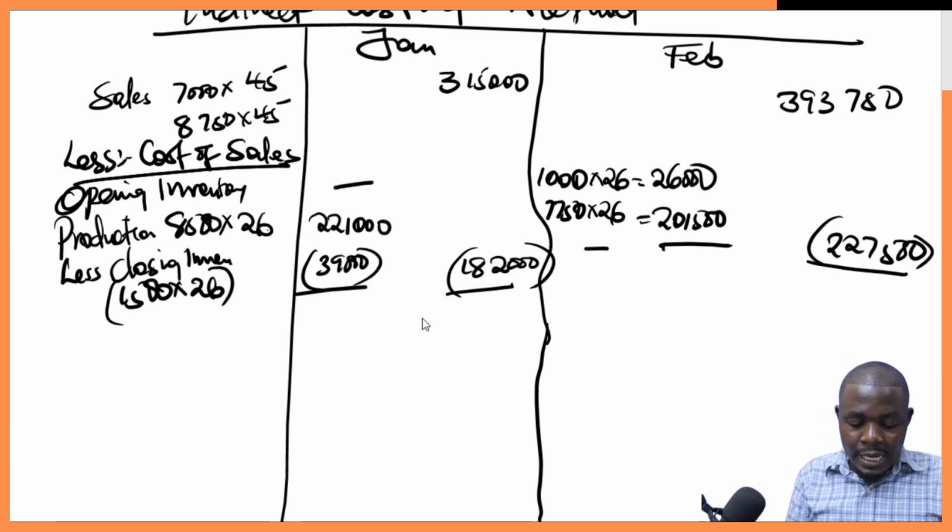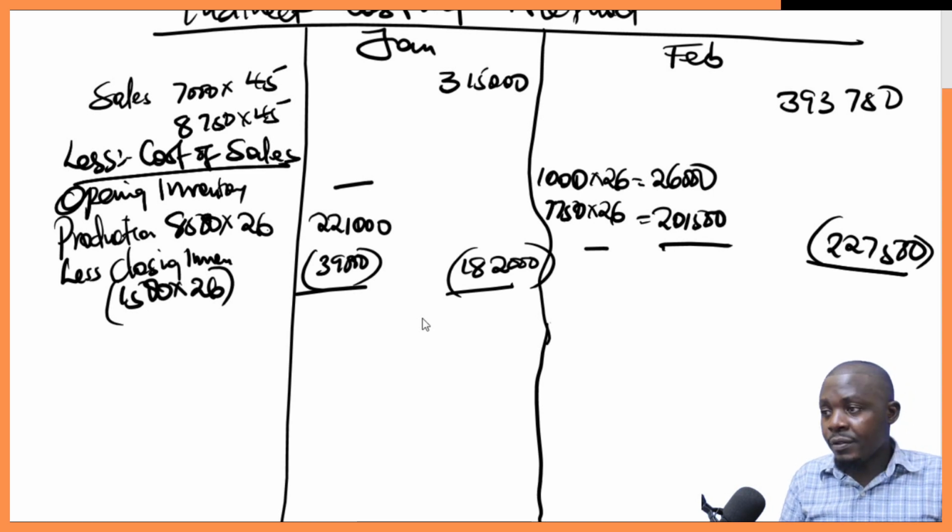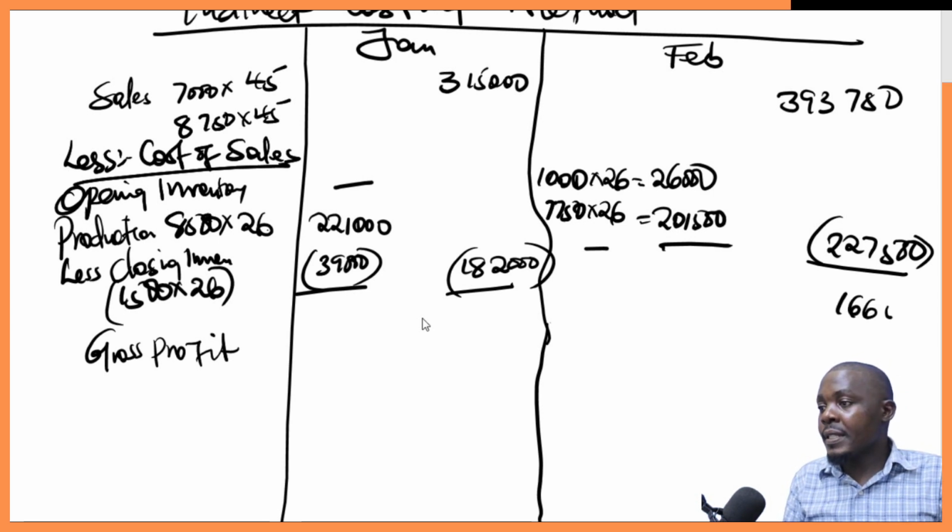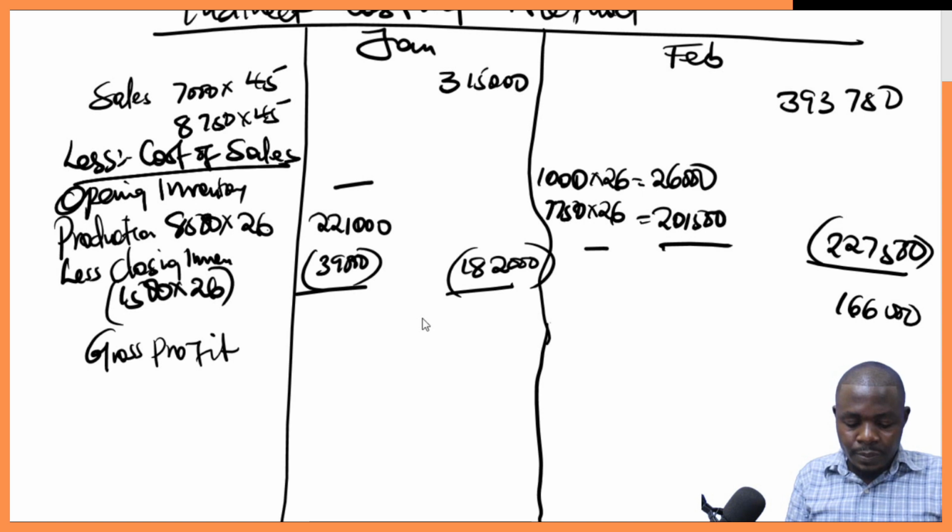Now we take 393,500 minus the answer. We have that is the gross profit. Gross profit as 166,000. Then what about this other side? Minus 182. We have 133,000.